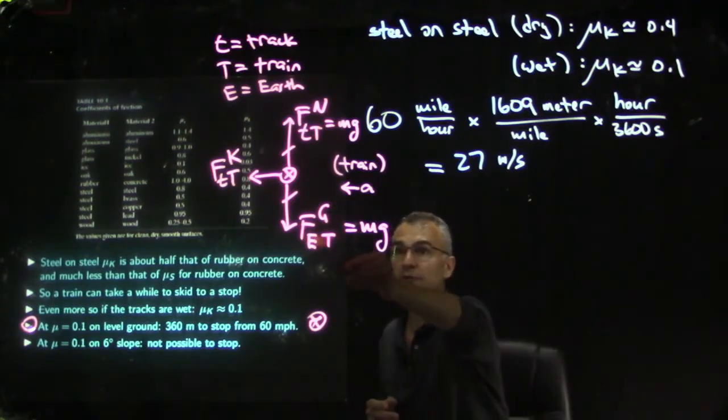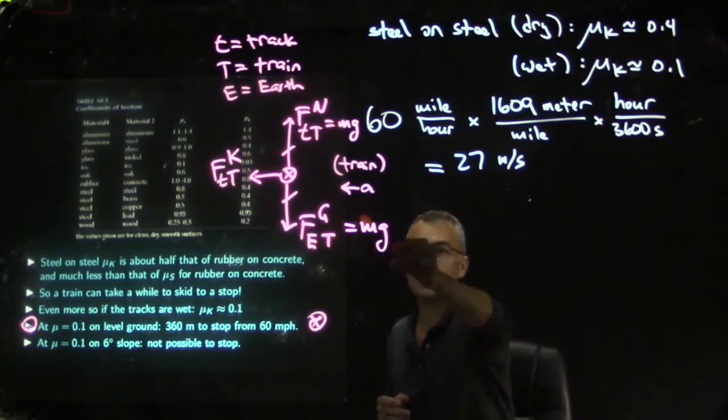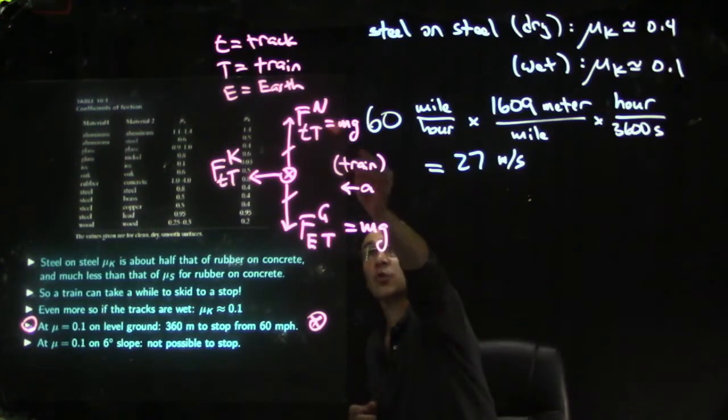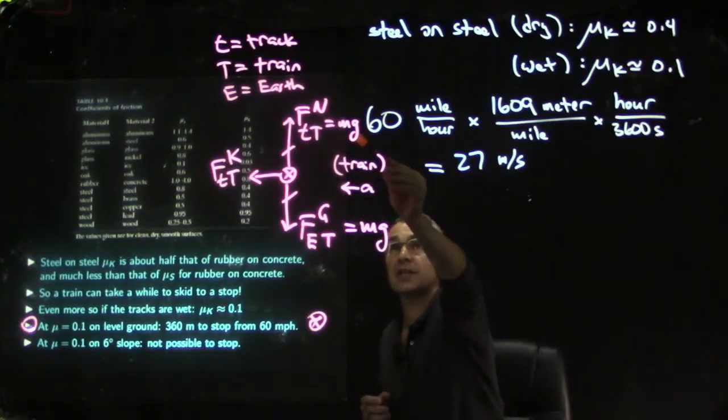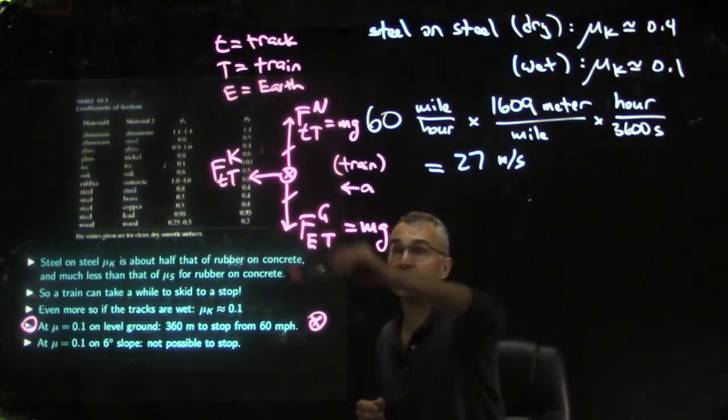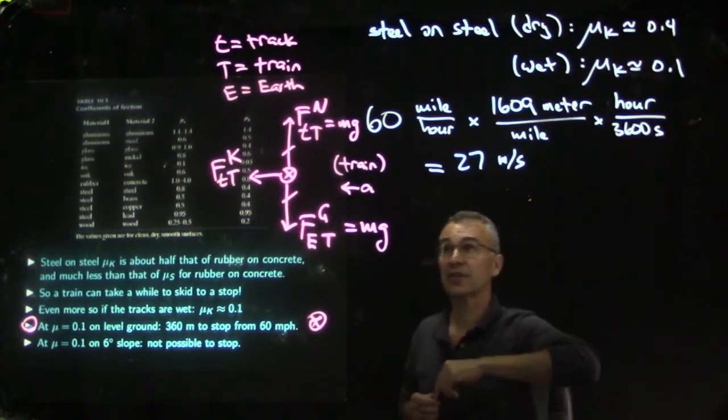We have the gravitational force by Earth on the train, which is just the weight of the train. We don't know what it is, but it will cancel out. And we have the normal force of the track on the train. Since the train is on level ground and not accelerating vertically, this normal force just equals mg.